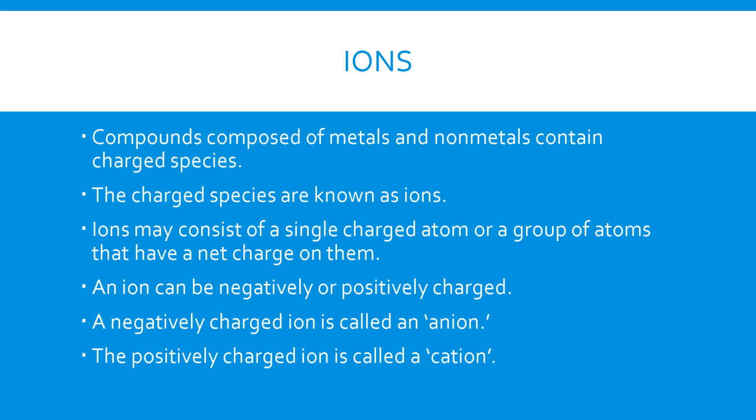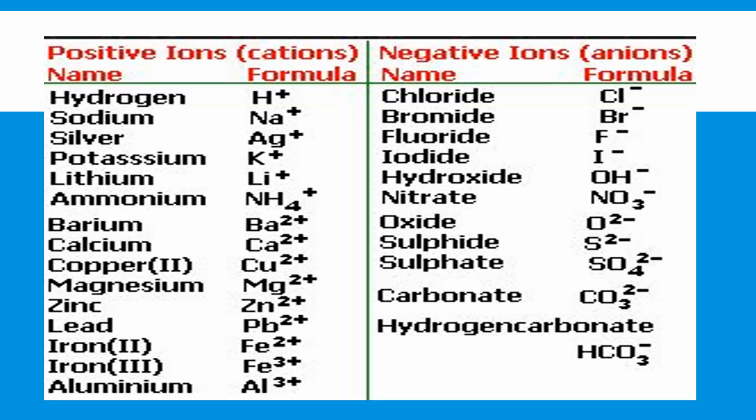Now, this charge may be a negative or positive charge. A negatively charged ion is called an anion and a positively charged ion is called a cation. You can see here some examples: positive ions, that is cations, with name and formula given.